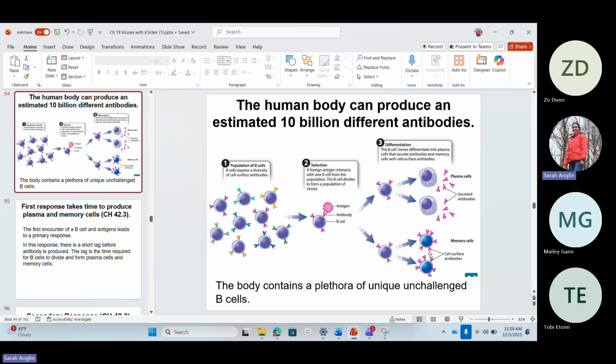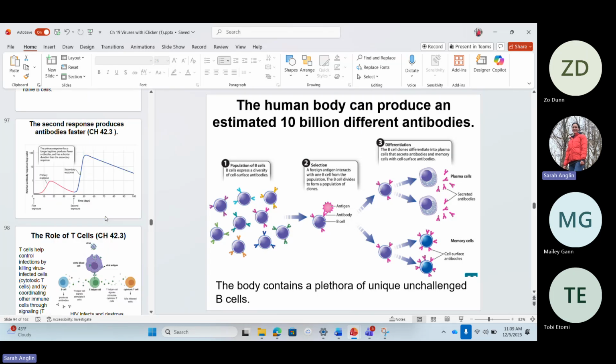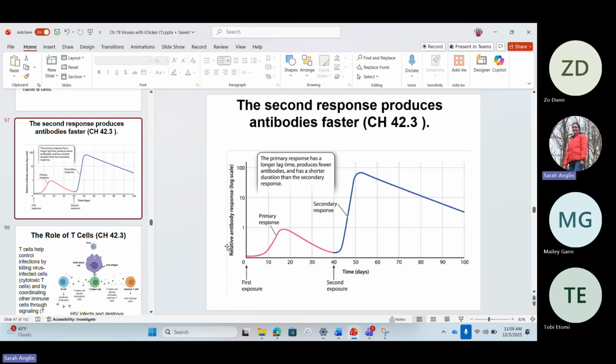This whole process takes time. So that's why it's a lot longer process when you get sick the first time. The second time, though, it's quite fast as far as how long it takes for those antibodies to be produced. Okay.